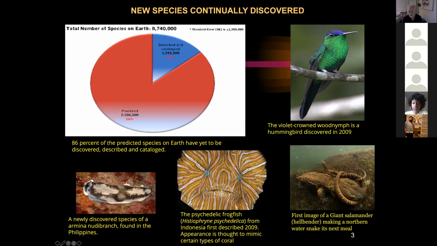I just gave you some examples here of species that have been discovered recently, like this hummingbird on the right, a sea slug, the lower left, this psychedelic frogfish, really a weird looking thing, described in 2009. And on the right, this giant salamander is not something new, but this image of a salamander eating a snake is new. And I thought that was an interesting image.